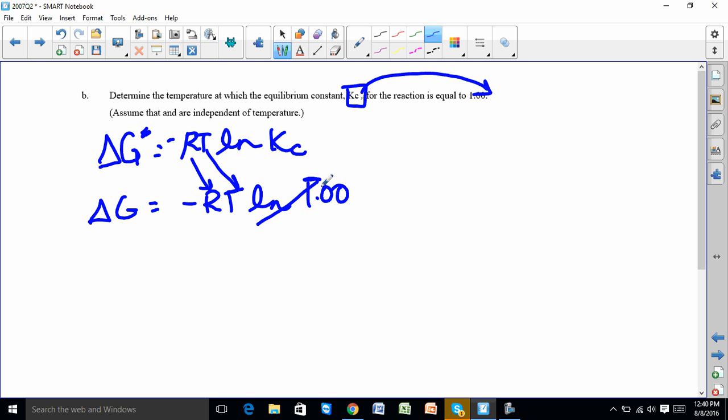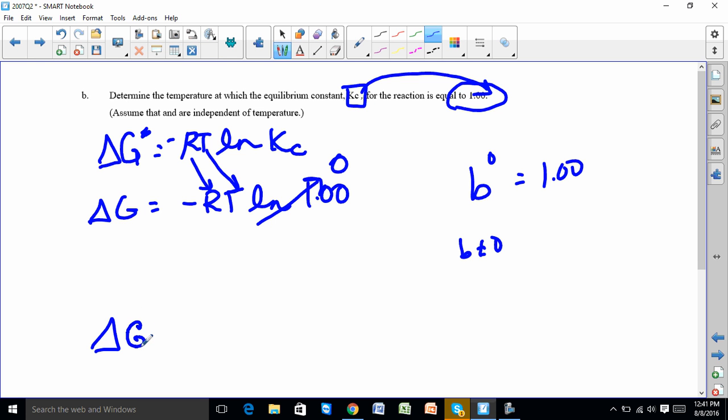Well, the natural log of 1 is 0, because any number not equal to 0 to the 0 power is 1. So the natural log of 1 is 0. This is what you got to understand: when Kc is equal to 1, delta G is equal to 0.